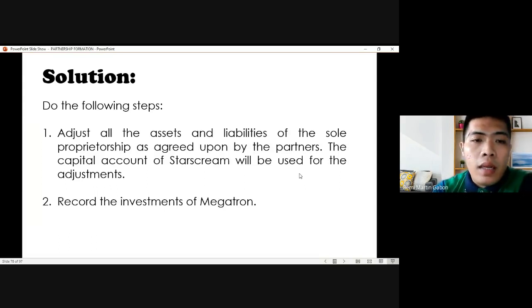Okay? Then record the investment of Megatron. Since we retain Starscream's book, the procedure is just to adjust the liabilities and assets of Starscream, then directly record the investment of Megatron. Okay?